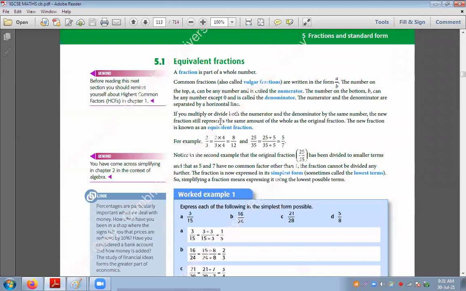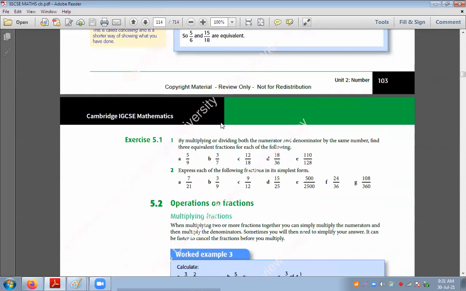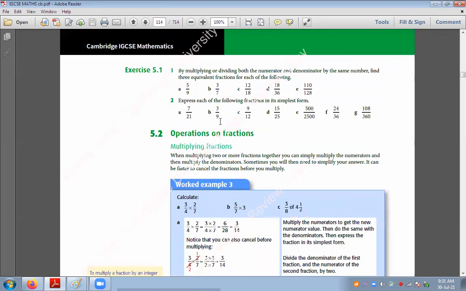All this is known to you, right? Question one: by multiplying or dividing both numerator and denominator by the same number, find three equivalent fractions for each of the following. What do you mean by equivalent fraction?